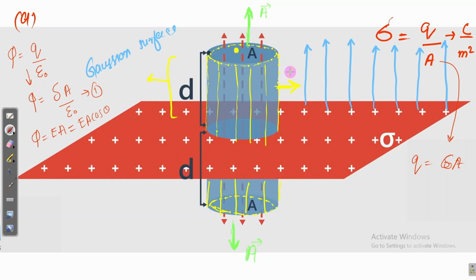This is the direction of the area for this cylinder, and similarly the direction of the area at the right side of this Gaussian surface in the form of a cylinder is this.